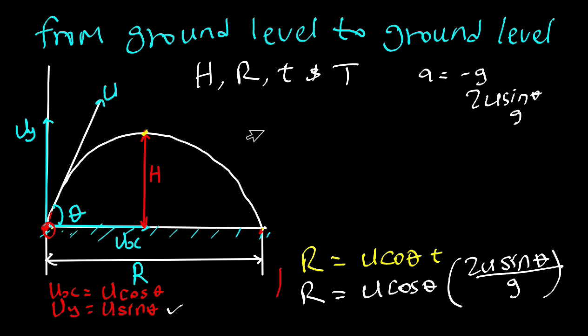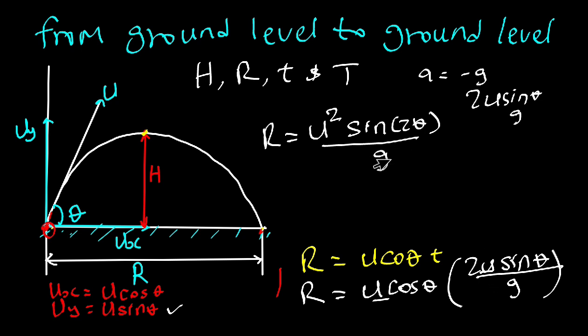So we have that range equals u times u, which gives us u square, and then in trigonometry 2 times sin theta times cos theta equals sin 2 theta. Then we have divided by g. So this happens to be the formula for the range of a projectile.